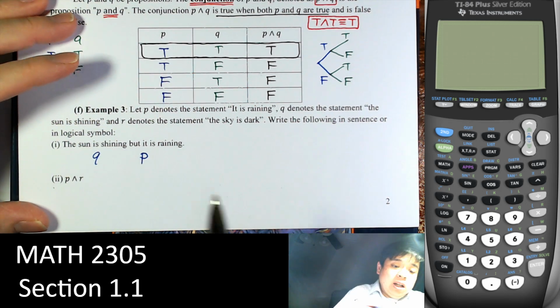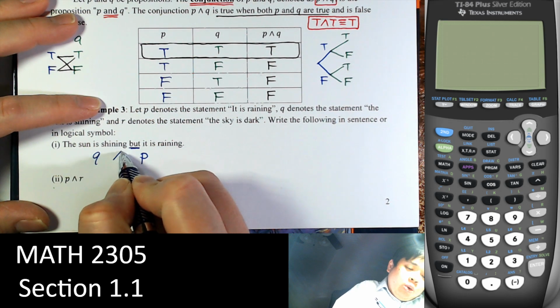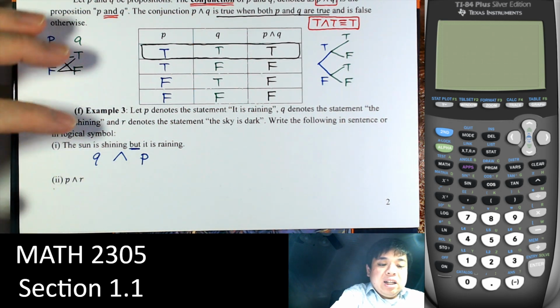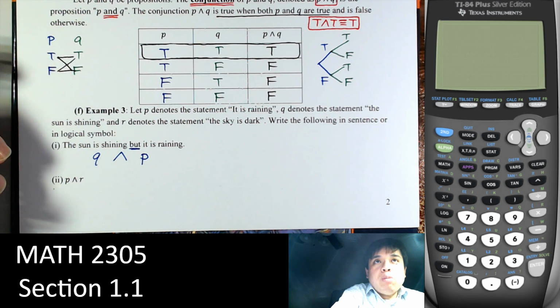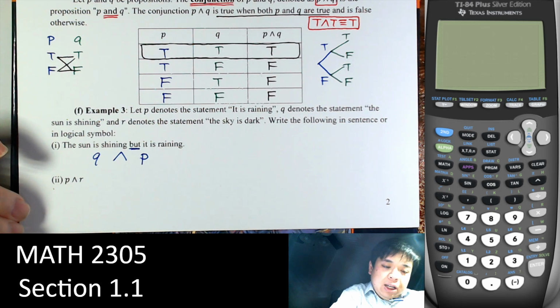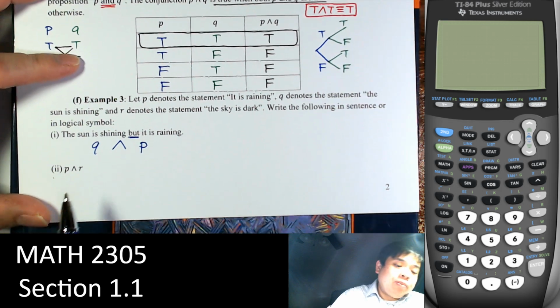That means both of them. So the but here is just going to be a wedge, or a conjunction. So we might say P and Q, but also maybe P but Q. That's also fine. So the but here is also denoted by the wedge, the conjunction.